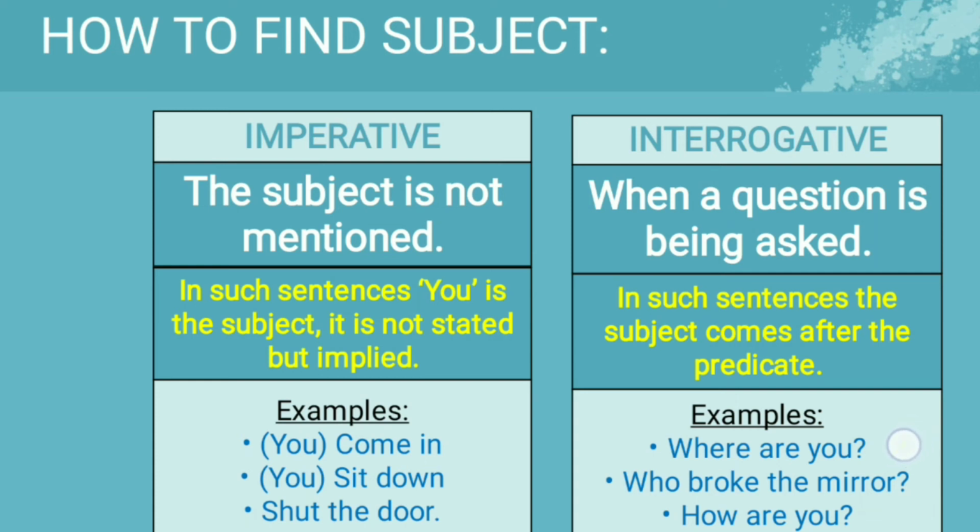For example, here the subject is you, which is coming after the predicate where are. And in this sentence, the predicate is who broke and the subject is the mirror. And in this sentence, you is the subject and the predicate is how are. So in interrogative sentences, the subject comes after the predicate. Okay? No problem from now onwards.